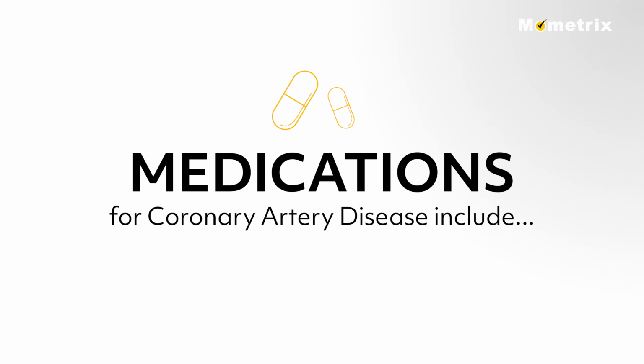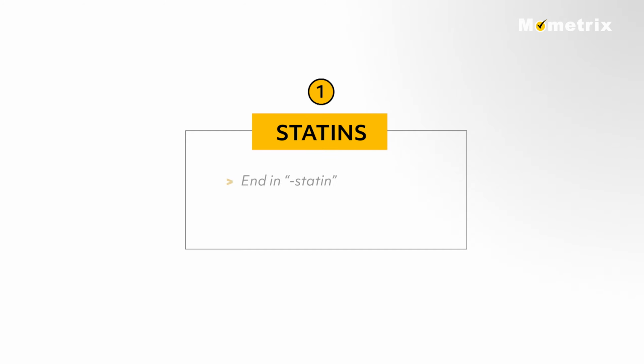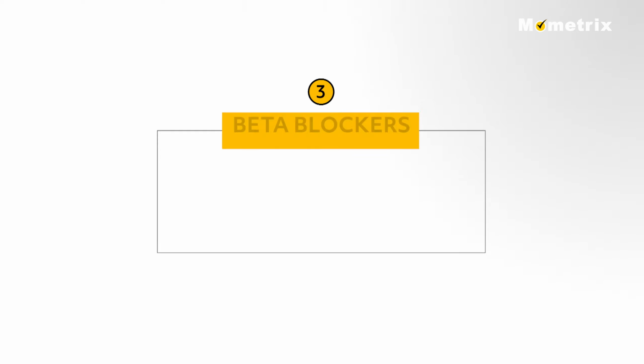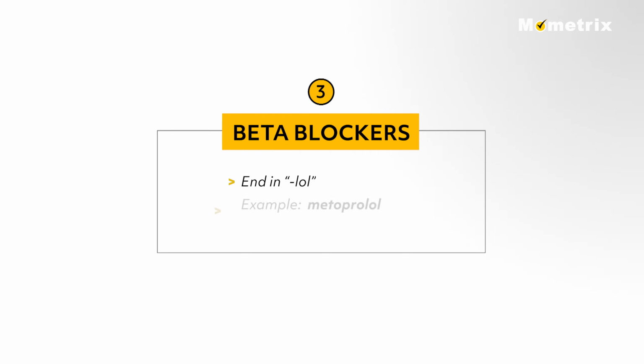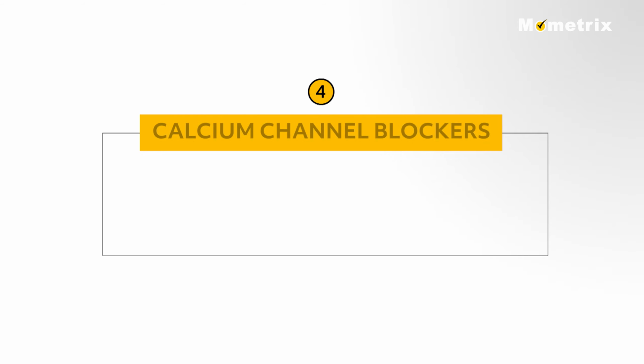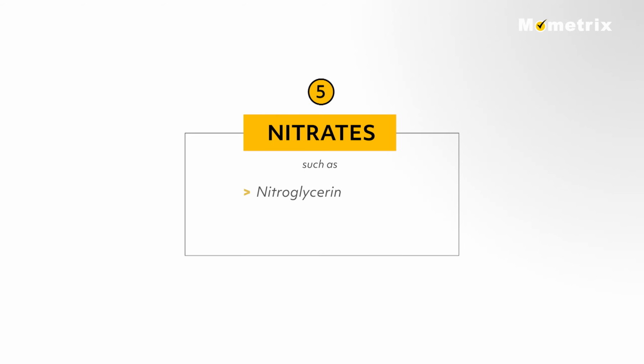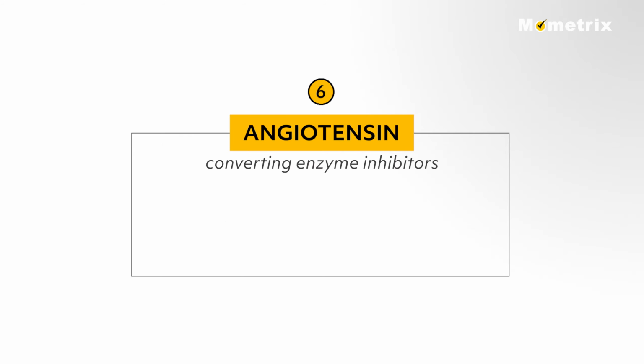Medications for coronary artery disease include statins, which end in statin, S-T-A-T-I-N, like atorvastatin, antiplatelet medication or blood thinners like aspirin or Plavix, beta blockers, which end in LOL, L-O-L, like metoprolol, calcium channel blockers, which often but not always end with dipine, D-I-P-I-N-E, like amlodipine, nitrates, like nitroglycerin or isosorbide mononitrate, angiotensin converting enzyme inhibitors, also called ACE inhibitors.